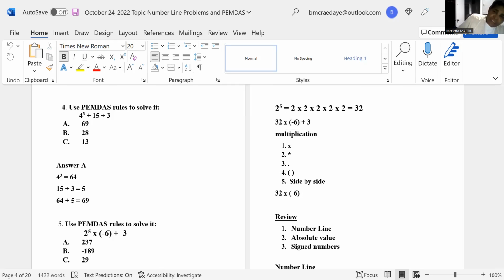I get 26. No, that's not a subtraction. That's a multiplication. That means you have to take the 6 and multiply it by 32 and then put the correct sign. Multiply 6 by 32.